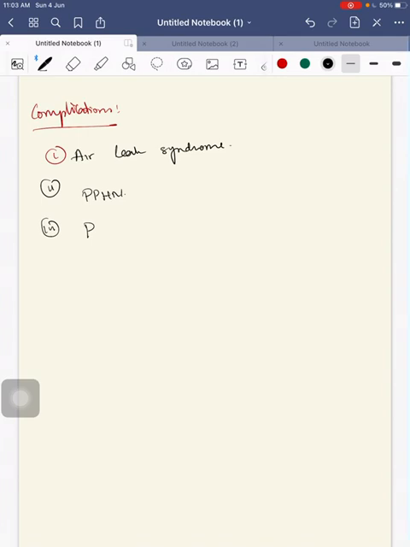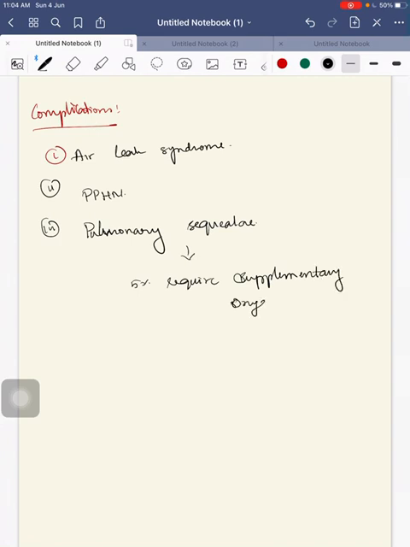They can require supplementary oxygen even for 1 month. Because 5% can require supplementary oxygen for 1 month also.